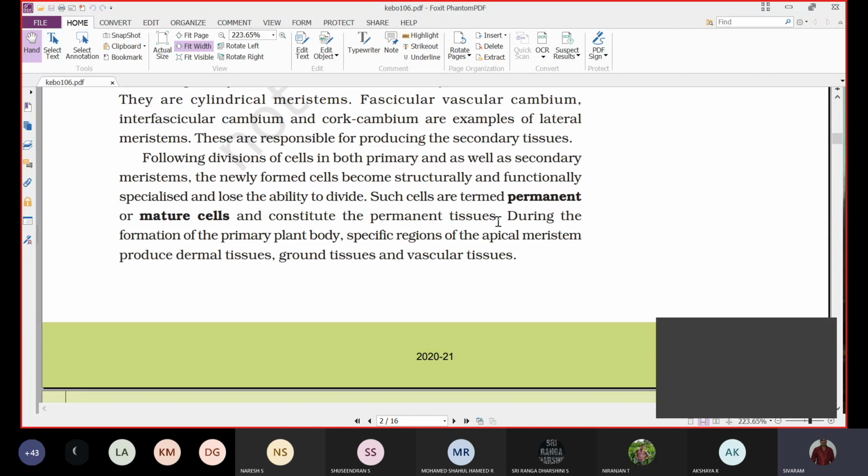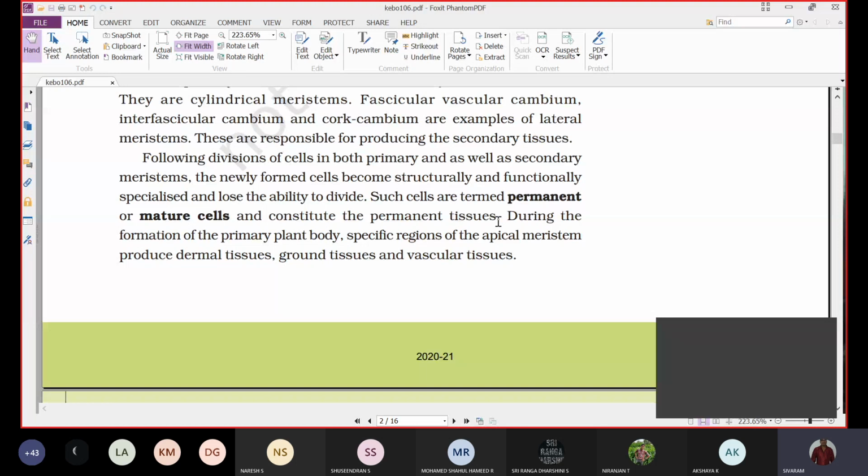So whether it is a primary meristem or secondary meristem, both will produce new cells, but these newly formed cells lose their ability to divide, and they are transformed to perform some specialized functions. Such cells we call permanent or mature cells, and they constitute the permanent tissue. All the cells together we call a permanent tissue because they have a common function.